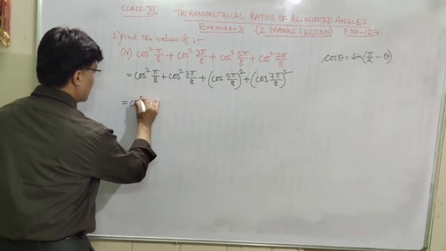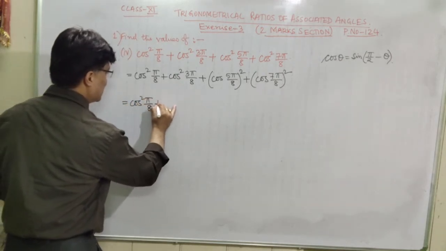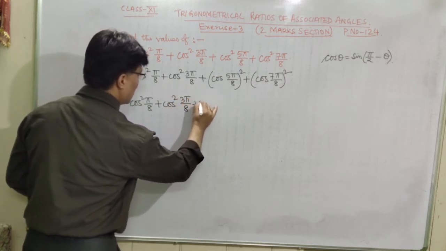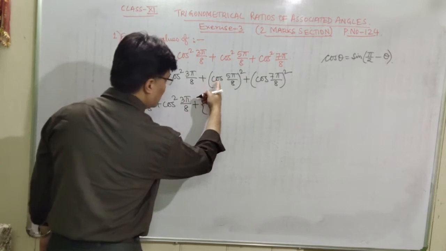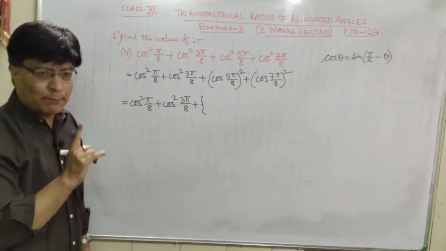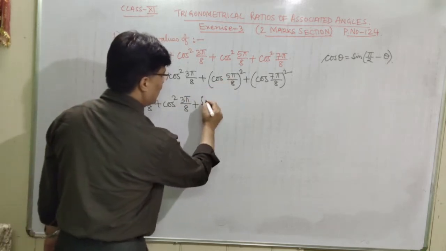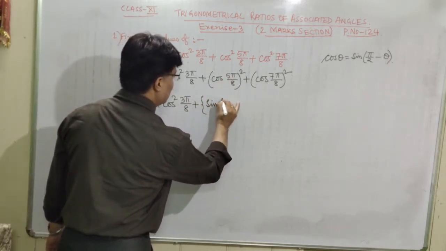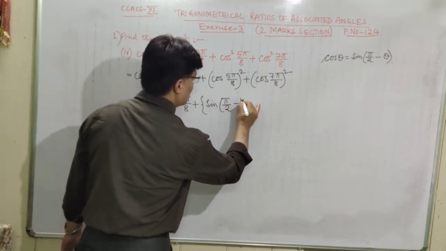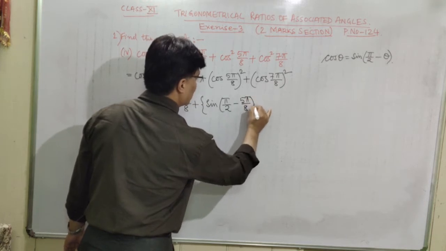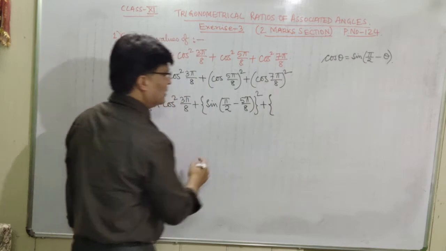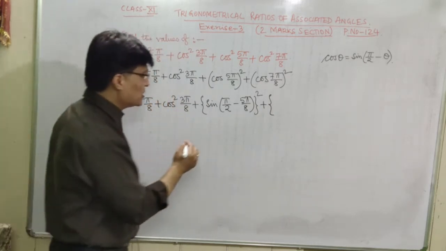So now cos square pi by 8, first two terms as it is, write down cos square 3 pi by 8 plus, now here this cos can be changed into sine by writing sine of pi by 2 minus theta. Here theta is 5 pi by 8. So it is sine, now it is converted into sine. So sine of pi by 2 minus 5 pi by 8, second bracket closed, whole square plus, similarly this cos can be changed into sine.